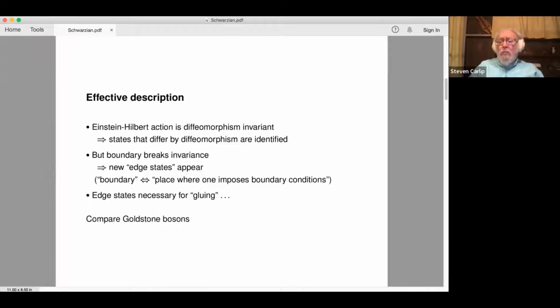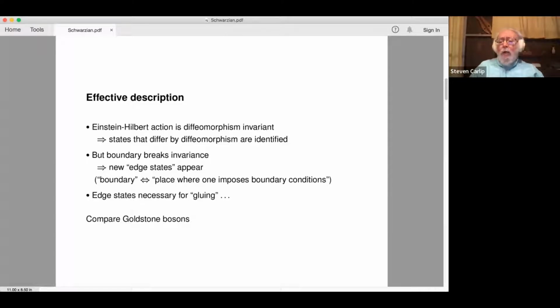As a result of this breaking, you at least potentially have new states, edge states, which are states that would normally be all identified as a single state from diffeomorphism invariance, but now split into a set of states because the invariance is broken.